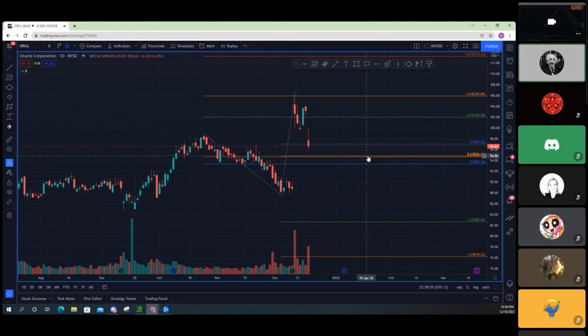But we should be getting a bounce right here off of these candles. And it kind of seems like we did here. So this candle here is probably not a bad candle if you're really risk averse, with 96.42 as your stop loss. If not, just wait for the 94.83.